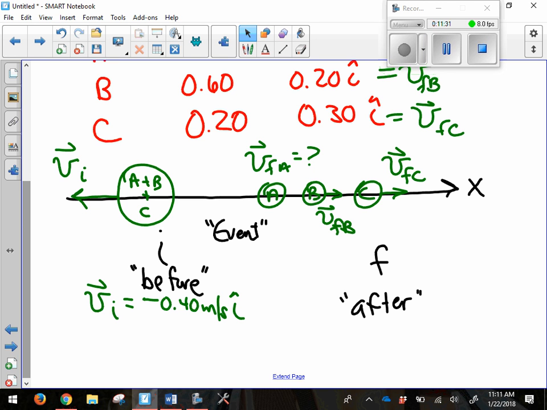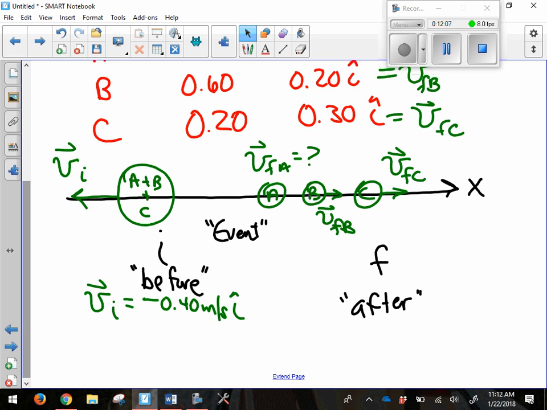The velocities might not necessarily work out, because velocity isn't conserved, but mass is. So what direction does all of my momentum point in before my event? Negative x direction. So where does my total momentum have to point after my event? In the negative direction. What direction are B and C moving? Positive.